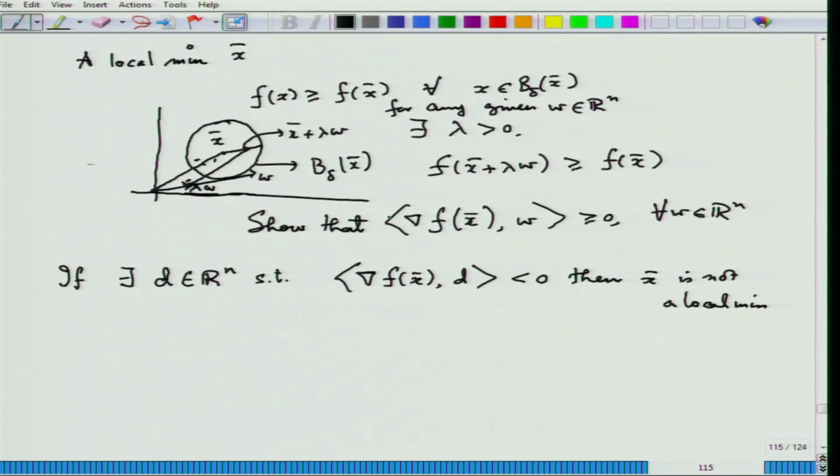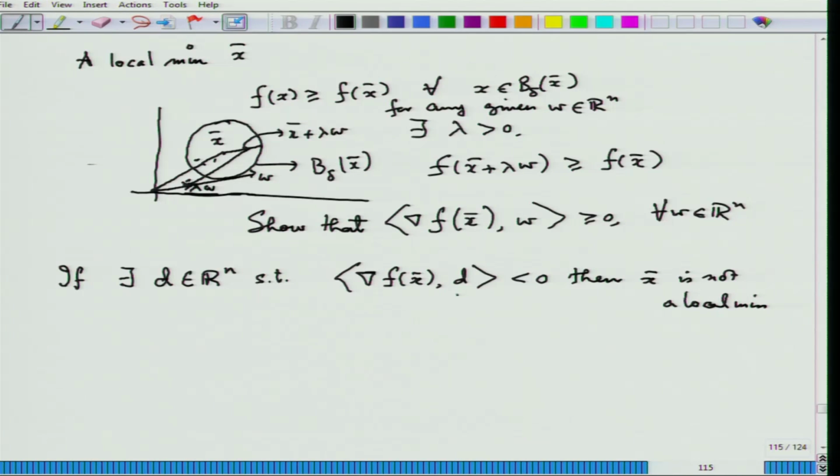Of course, because p implies q, local minimum implies this, then not q implies not p. This is just a logical rewriting.